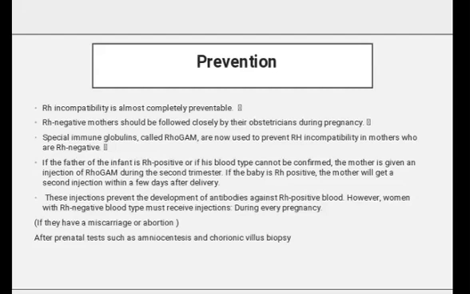If the father of the infant is Rh positive or if his blood type cannot be confirmed, the mother is given an injection of RhoGAM during the second trimester. If the baby is Rh positive, the mother will get a second injection within a few days after delivery. These injections prevent the development of antibodies against Rh positive blood. However, women with Rh negative blood type must receive the injection during every pregnancy.